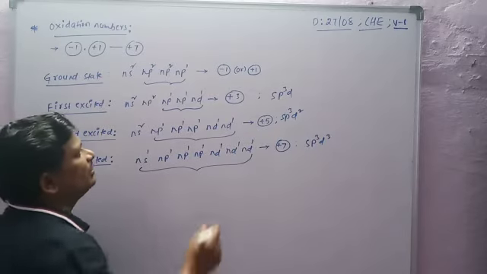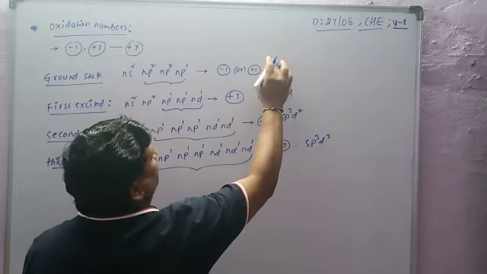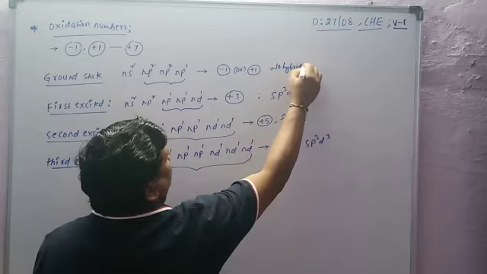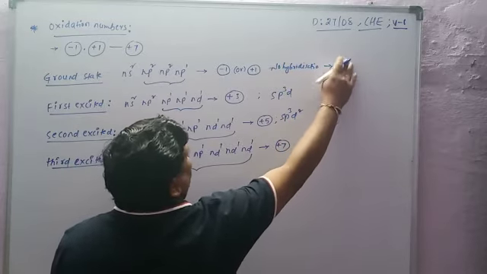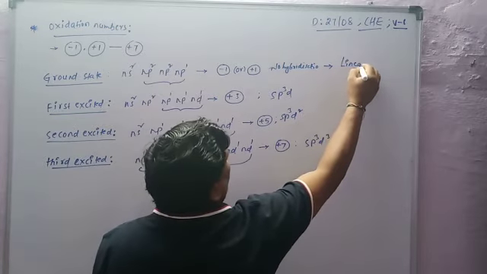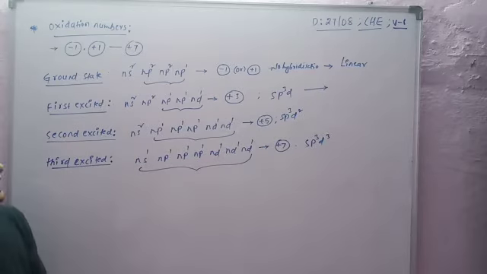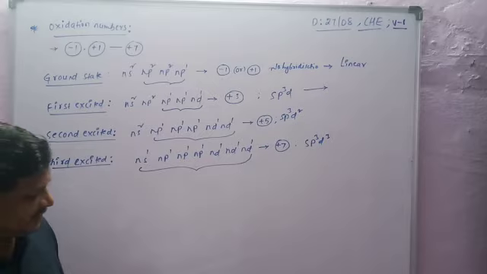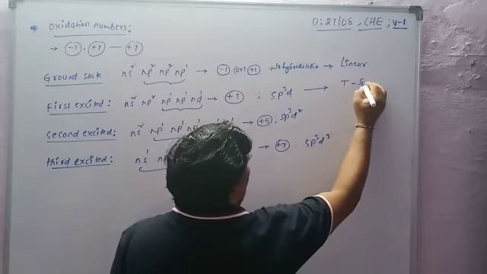With no hybridization, the shape of the molecule is linear. In the first excited state, hybridization is sp3d and the shape of the molecule is T shape.